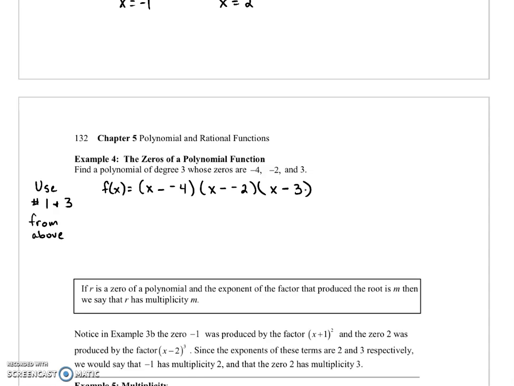So we can just clean this up now, and our final answer is f of x equals x plus 4 times x plus 2 times x minus 3. And we could multiply all that out, but we don't have to.